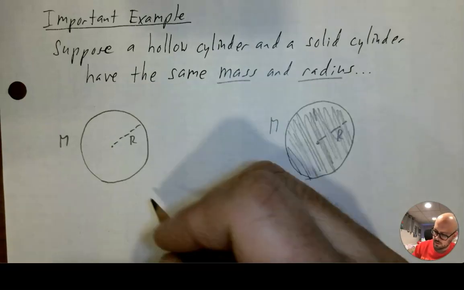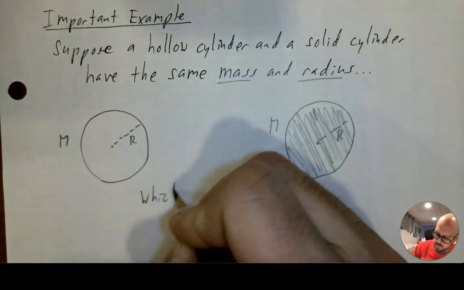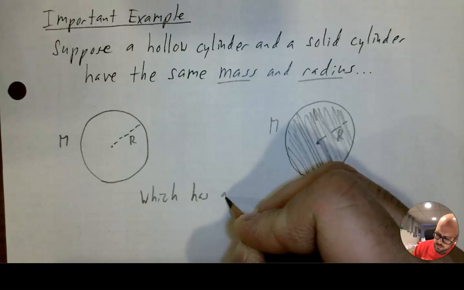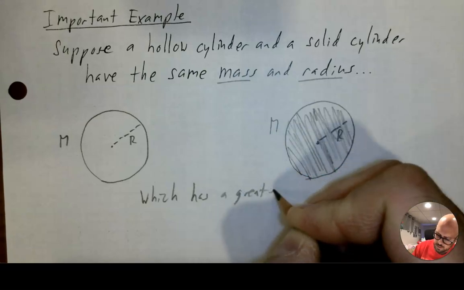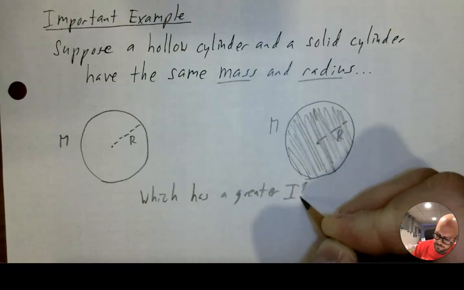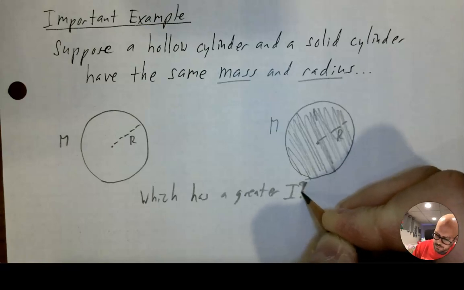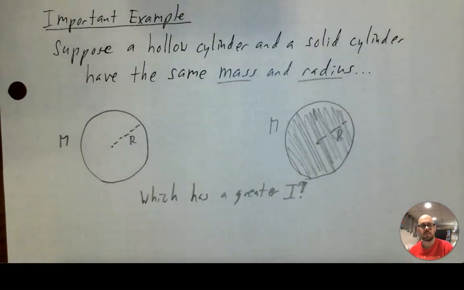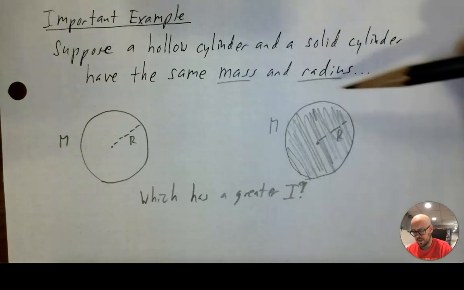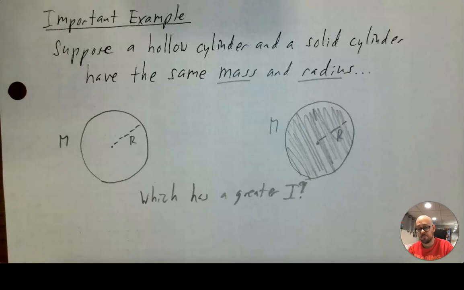The question is, which has a greater rotational inertia? And this is something that you are expected to be able to do without looking up an expression, as long as they have the same mass and radius. If they don't have the same mass and radius, you actually can't answer this question.